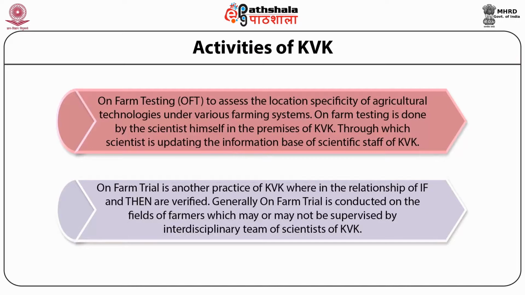On-farm testing is done by the scientist himself in the premises of KVK, through which the scientist updates the information base of the scientific staff of KVK. The steps of OFT include site characterization, problem statement, planning and experimentation, result and discussion, follow-up action, feedback, conclusion, and the salient recommendations.